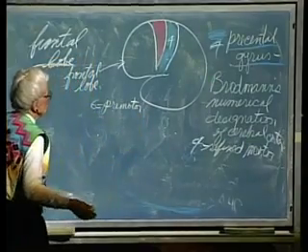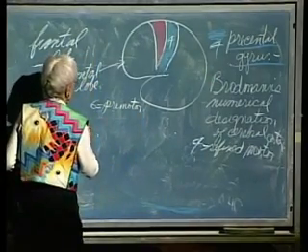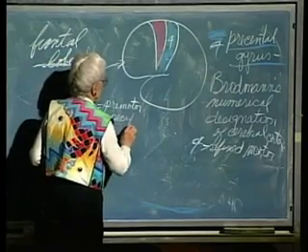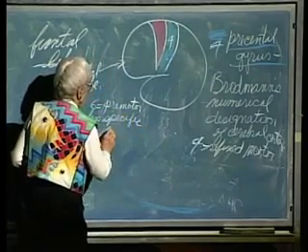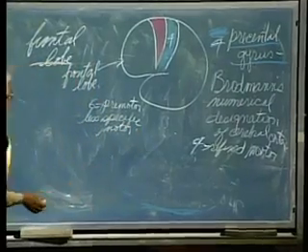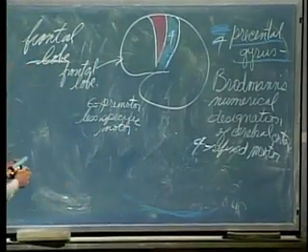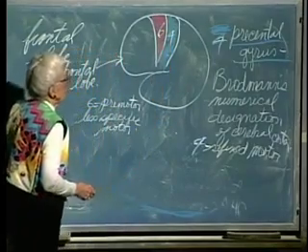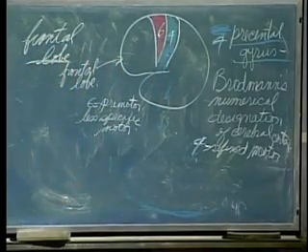So it's for more generalized motor, less specific motor. Where I like it is on the medial aspect. What is 6 doing on the medial aspect?